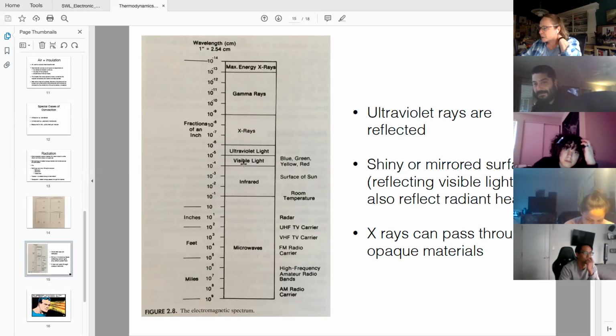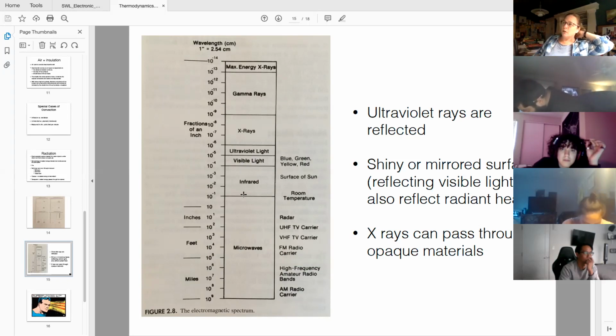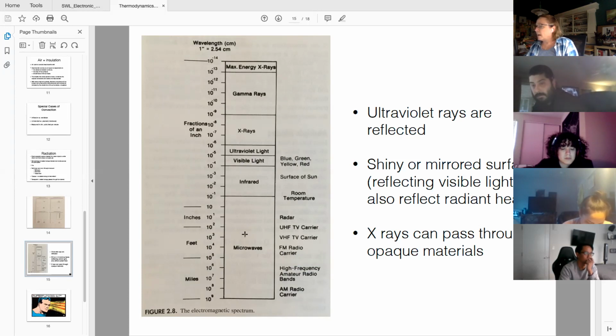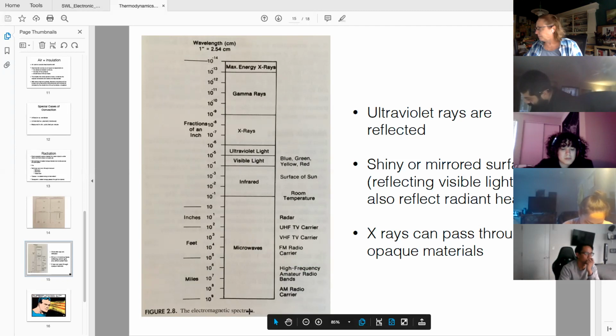Above the visible spectrum, you get into the infrared. There are infrared cameras or night vision goggles that can read that energy and convert it into a graphic that we can see within our visible spectrum. And then as you get hotter and hotter, you get into the microwave range.